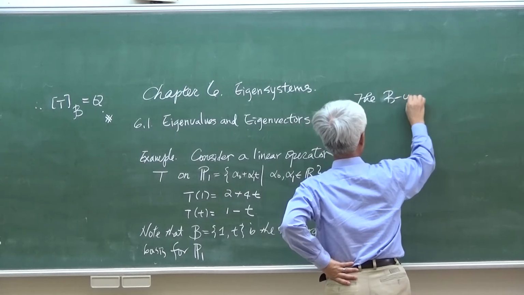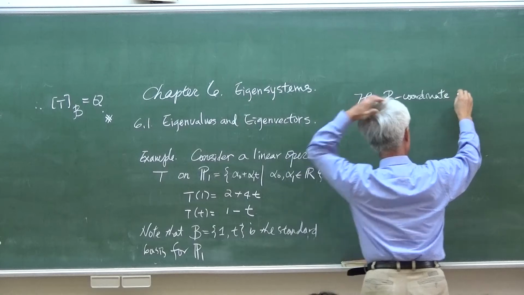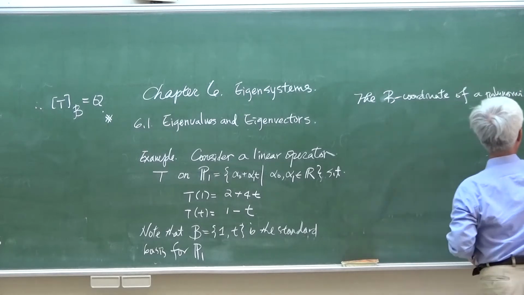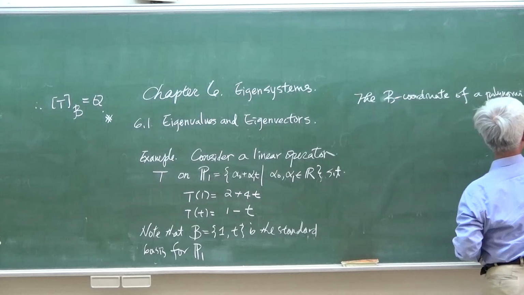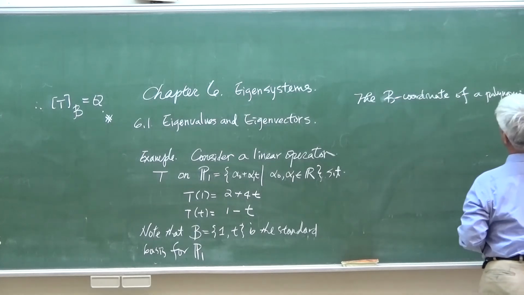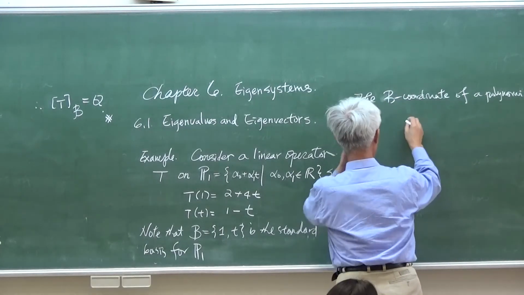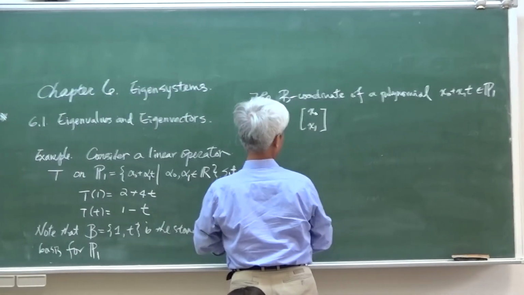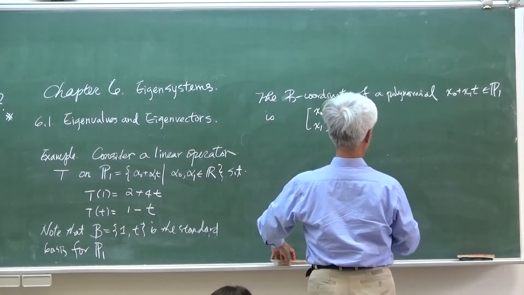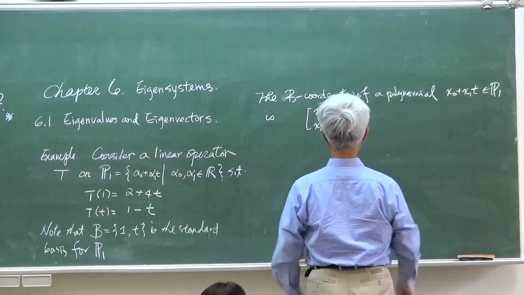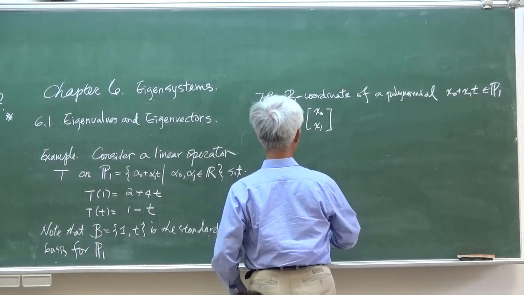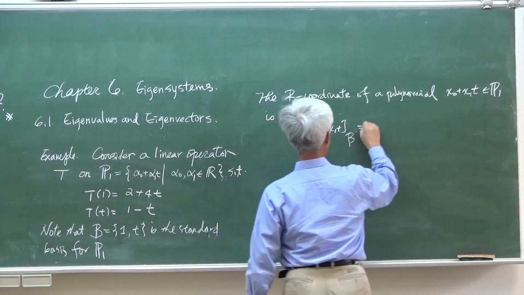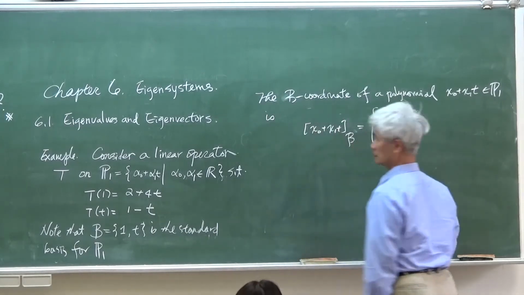The B coordinate of a polynomial x0 plus x1 t in P1 is x0 and x1. Okay.